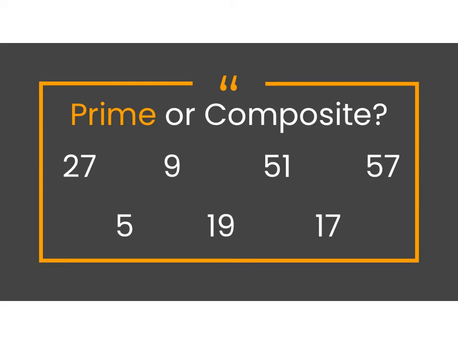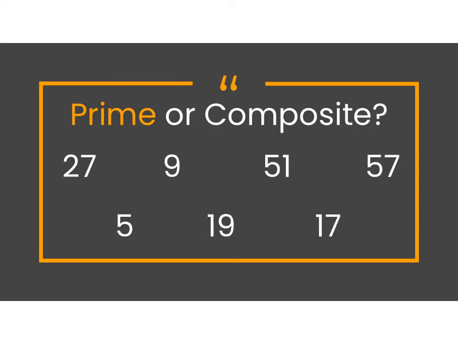Let's review and look at a few numbers together and determine if they are prime or composite. The first number we're going to look at is 27. Think to yourself, what are the factors that can be multiplied together to equal 27? Does 27 have more than 2 factors? If so, it is composite.